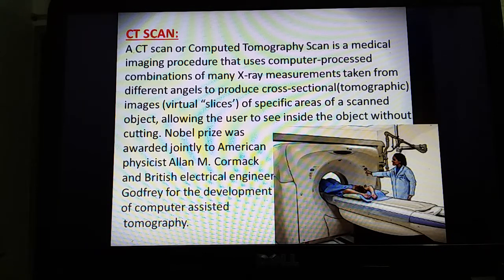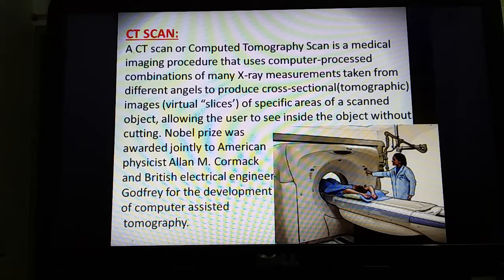To produce cross-sectional images of specific areas, these cross-sectional areas are called slices. When it is scanned, it allows the user to see inside the object without cutting. So actually we are not cutting the object, we are just cutting the images of that object, and finally, by combining all the images, we can get a full image of a specific portion of our body.